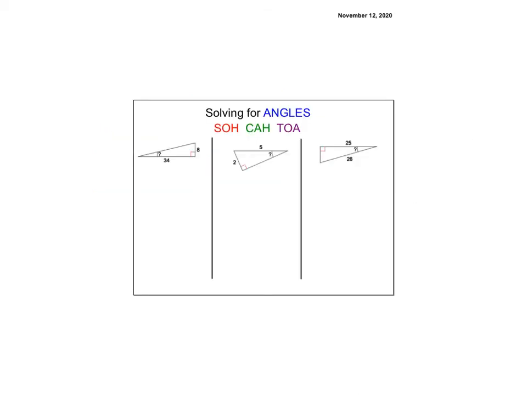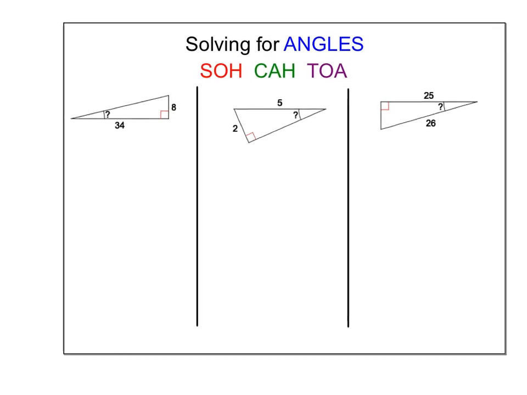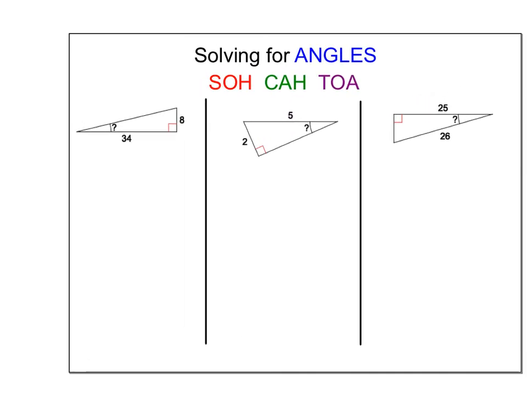All right, and we're just going to practice a few more. So again, the important piece is understanding what function do I have. From this angle, I'm looking at the opposite and the adjacent. So that tells me I'm talking about tangent. So I have tangent x equals 8 over 34, my opposite over adjacent.